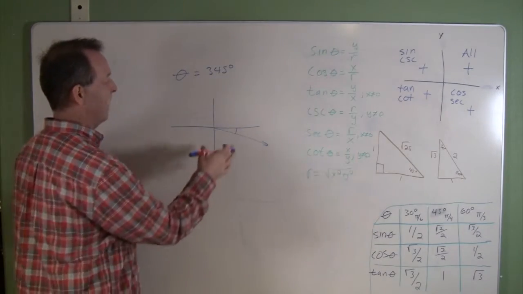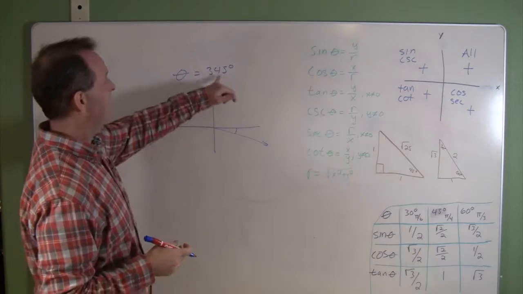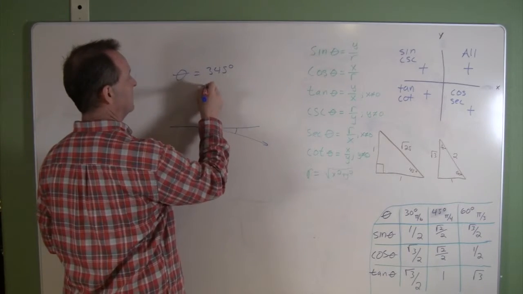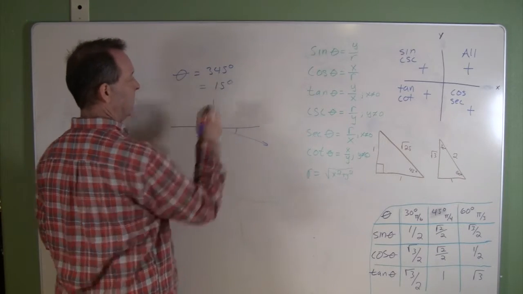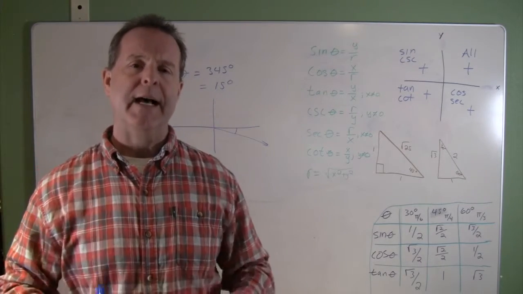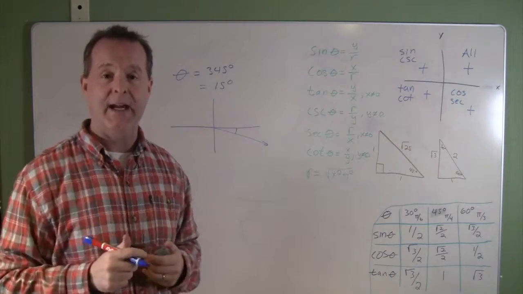And so if I know that the entire scope was 360, then 360 minus 345, its reference angle would be 15 degrees. So reference angles are always the angle that we create with the x-axis.